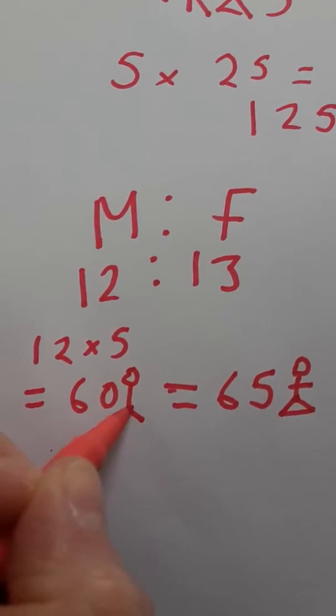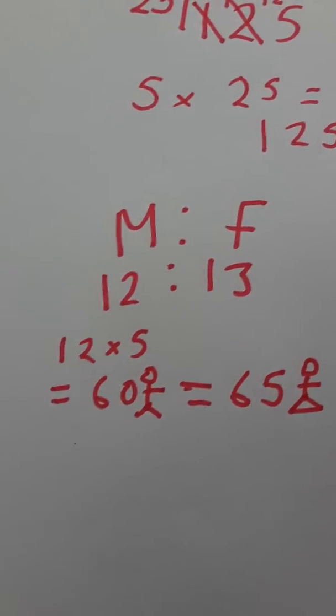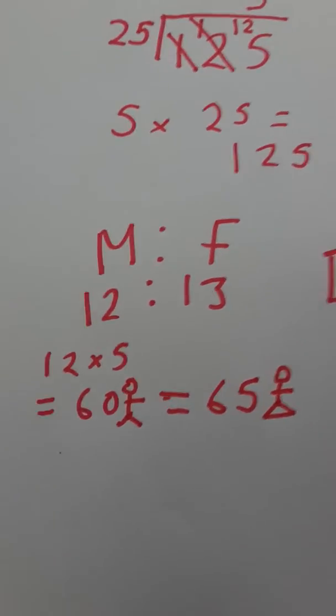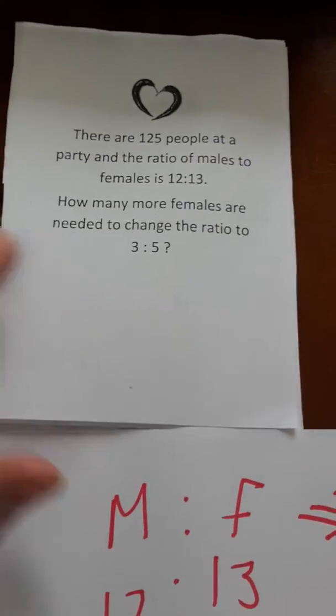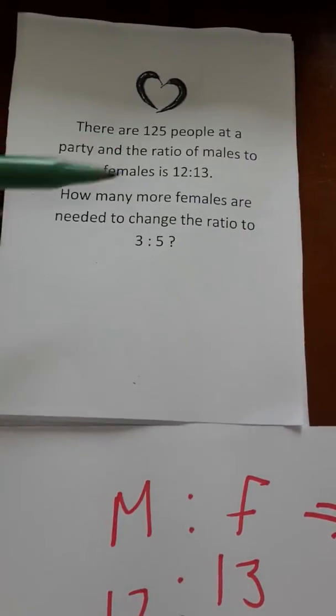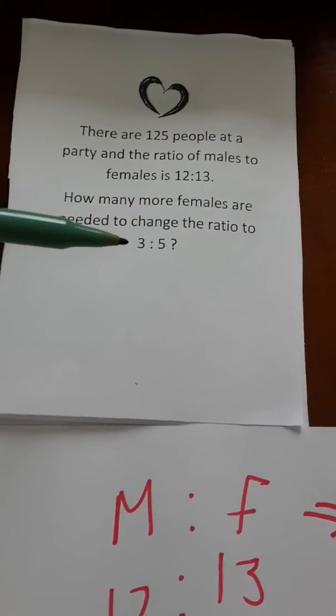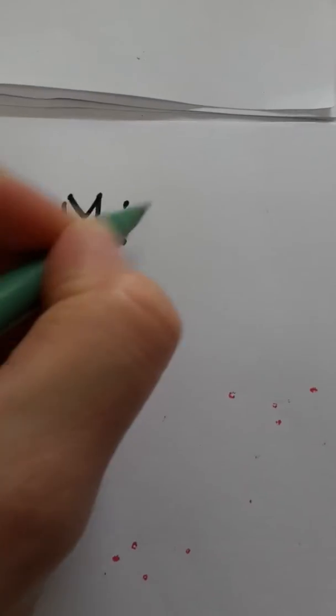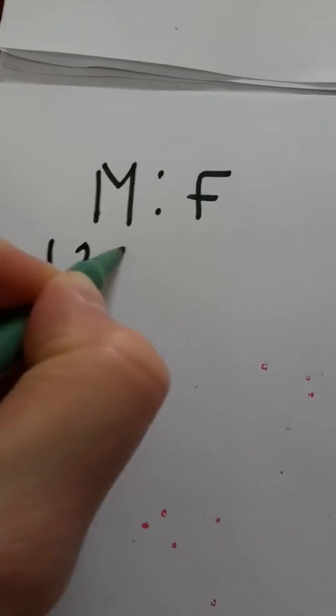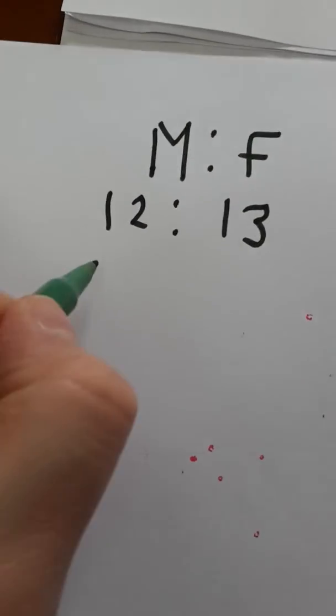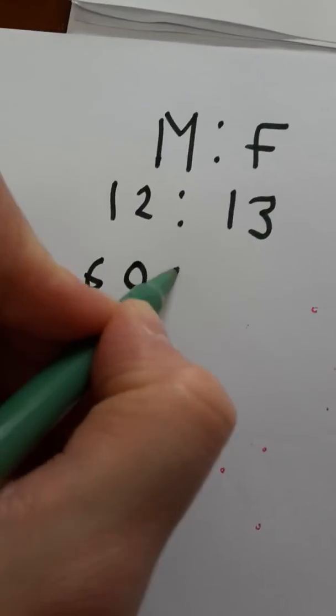and 60 men. Now, this has got us half the marks so far, but if we go back to the question, it says, how many more females are needed to change the ratio to 3 to 5? So at the moment, we have a ratio of males to females, 12 to 13, which equaled 60 in real life.